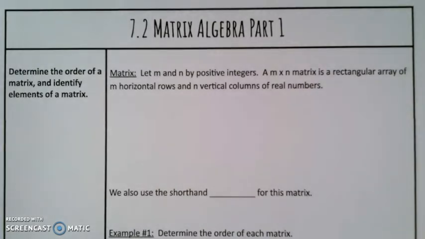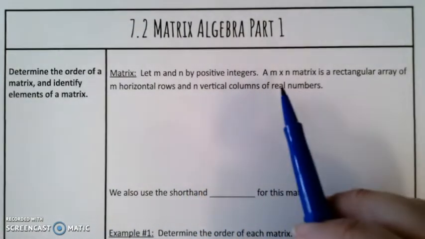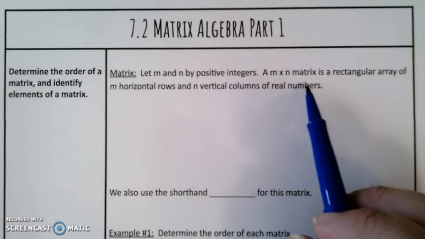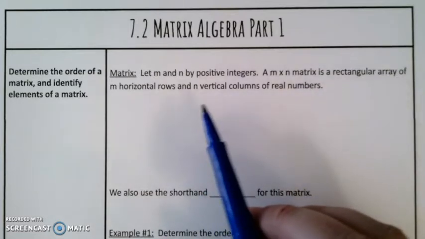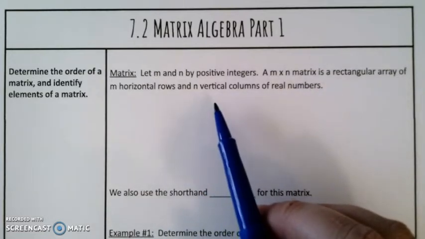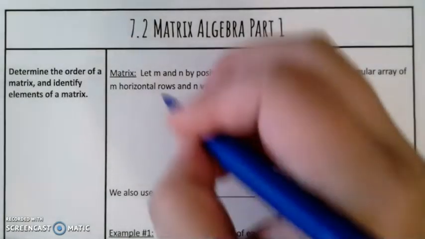So when we're talking about a matrix, we say let m and n be positive integers, and then an m by n matrix is a rectangular array of m rows and n columns of real numbers. This is a very theoretical definition.